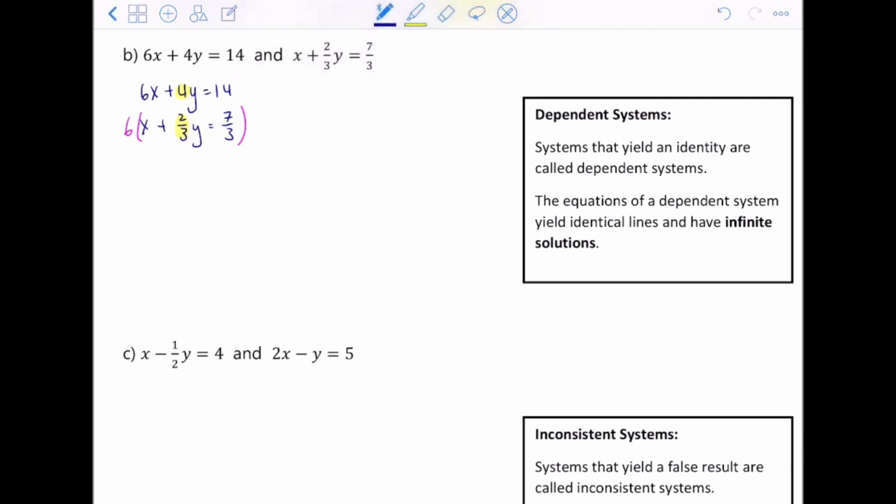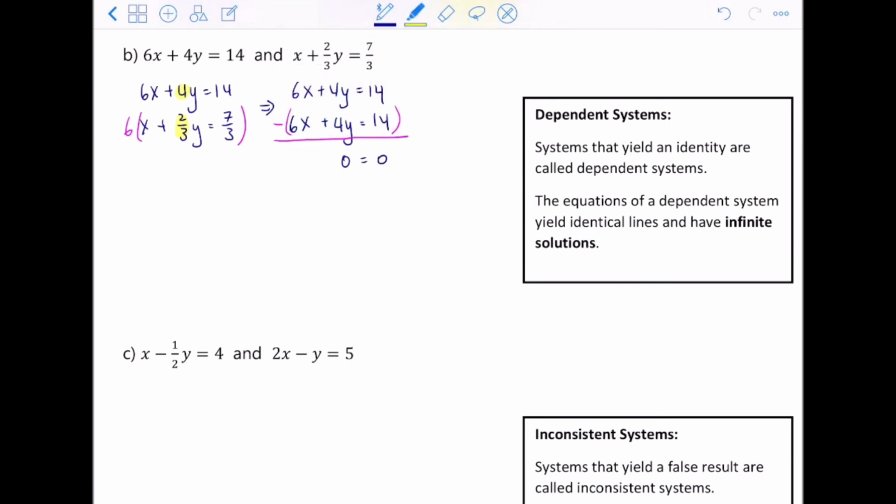Okay, so let's take a look. So first equation carries over. The second equation becomes 6x plus 12 over 3 is 4y equal to 42 over 3, which is 14. Okay, so notice we have the exact same equation. And if we actually subtract the second equation from this first equation, we get 0 equals 0.